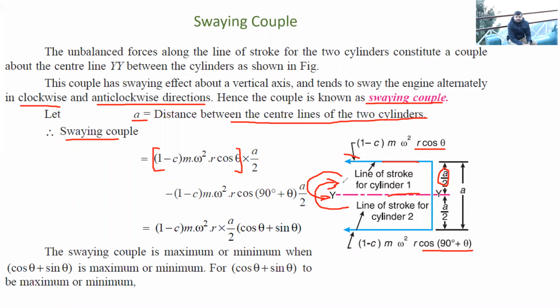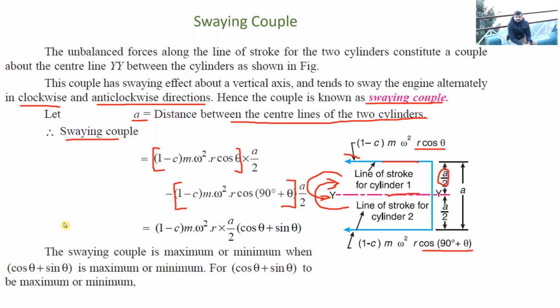And since it is creating an anti-clockwise moment, it is taken with a positive sign. Now the second force, because of the second line of stroke, would be (1 - c) m omega square r cos(90 + theta), multiplied by this distance A by 2. Force multiplied by distance is a couple, and since it is producing a clockwise couple, it is taken with the negative sign.